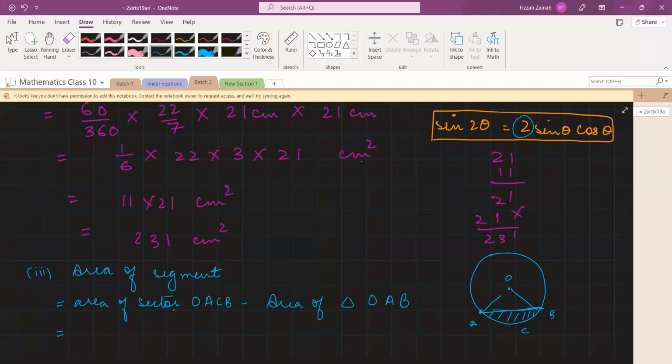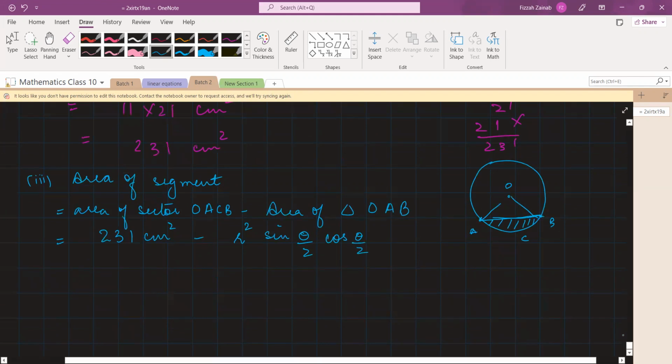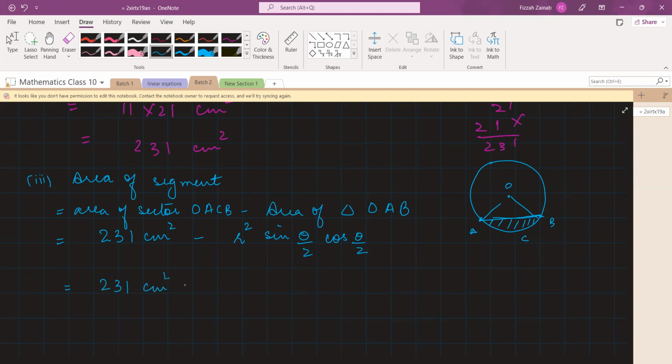Okay, so area of sector we have already found, which is 231 centimeter square minus area of triangle. So r square into sine theta by 2 into cos theta by 2. How much is theta given? 60 degree. R is 21, right?